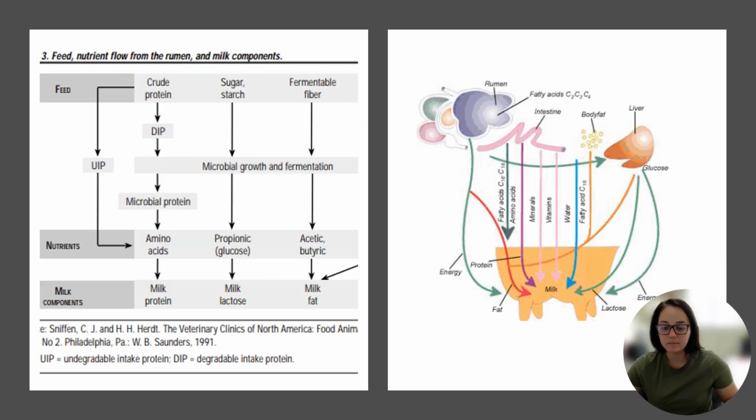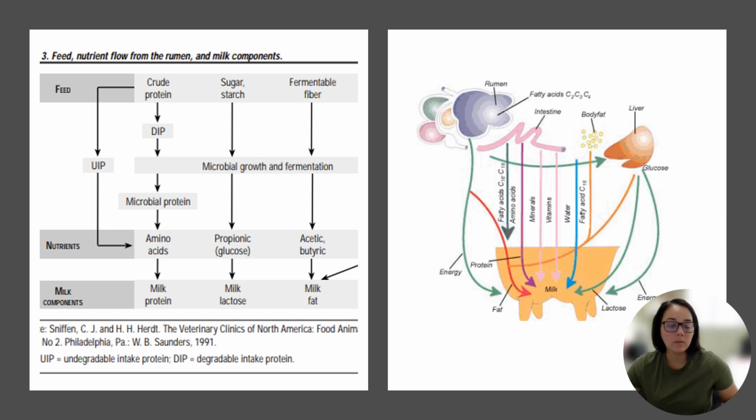So now I'm going to take that chart a step further, and we're going to look at how all of those feed components are digested and end up becoming milk components.